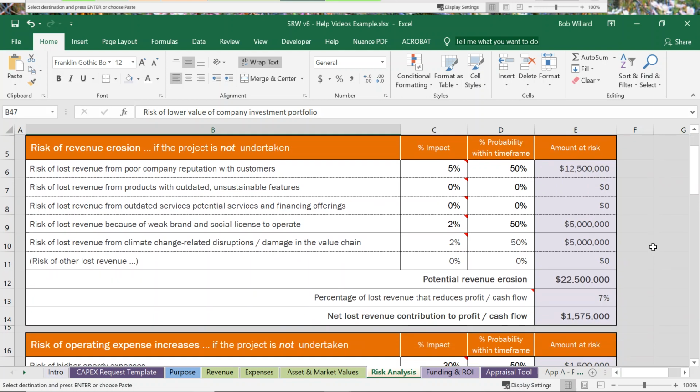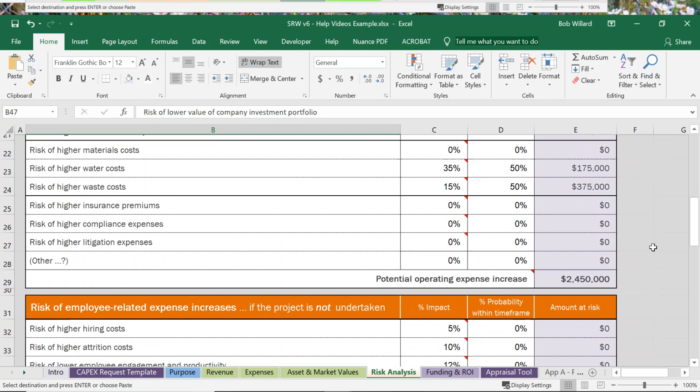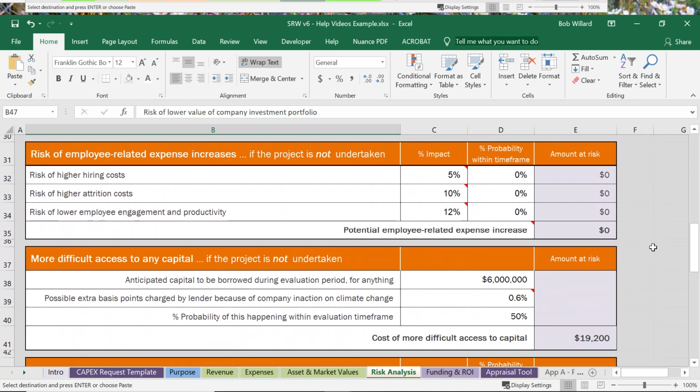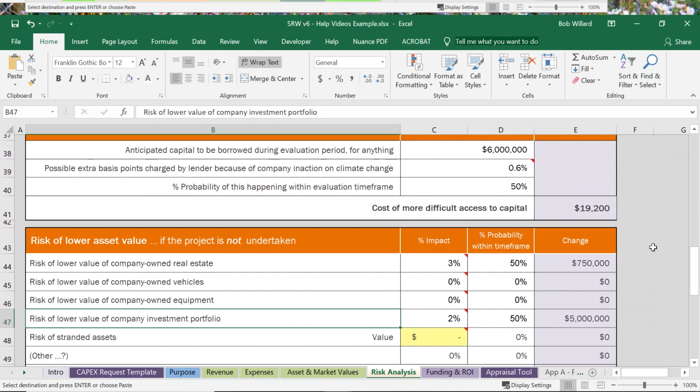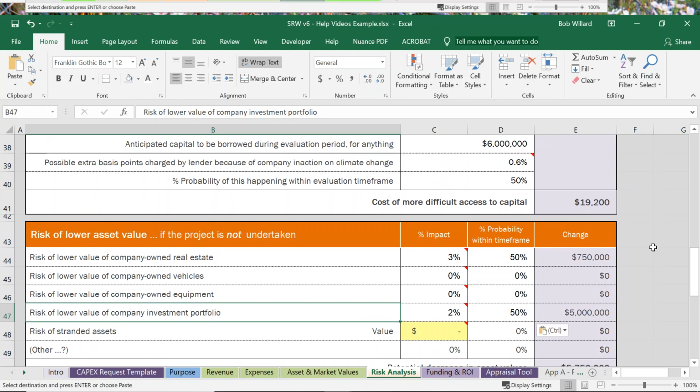And a similar kind of logic as well for the expenses, operating expenses, employee-related expenses, access to capital, which is explained by the comment cells, risk of lower asset values, and so on. So when we're not sure what the probability is, the suggestion here is you use a 50% probability until you've had a chance to check with folks in the company who are closer to that particular line item.